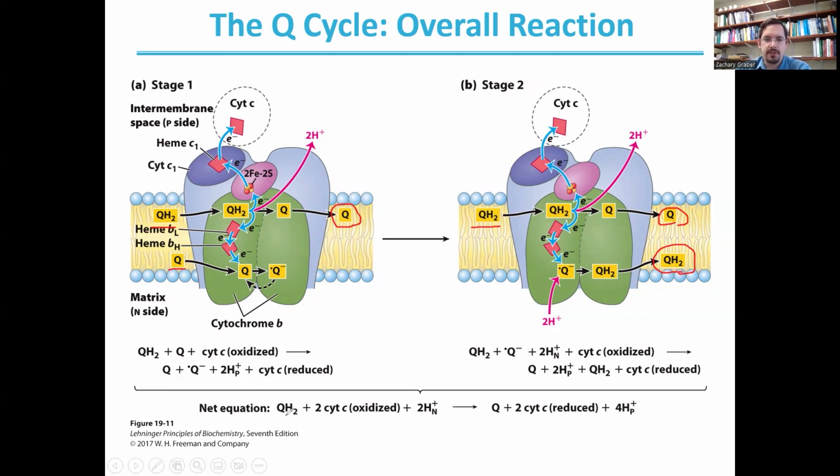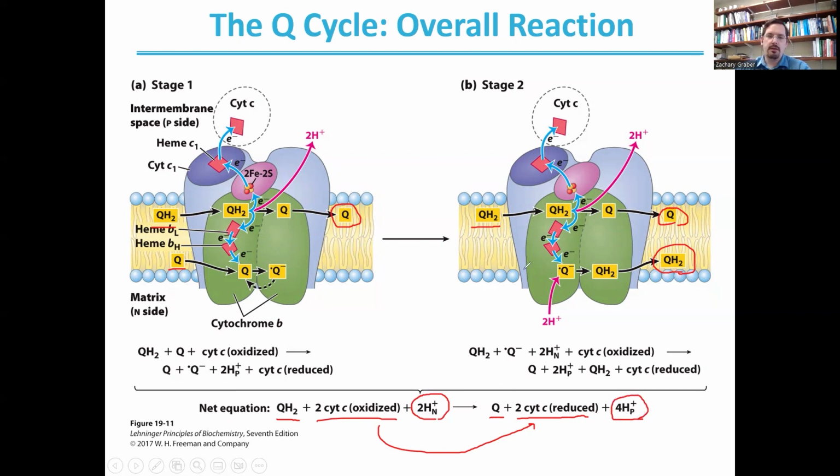So the net consumption is just 1 ubiquinol to produce 1 ubiquinone, while, of course, taking 2 of our oxidized cytochrome C and converting those to 2 reduced cytochrome Cs, again, since they each carry 1 electron, taking 2 protons from the inside while releasing 4 protons on the outside.